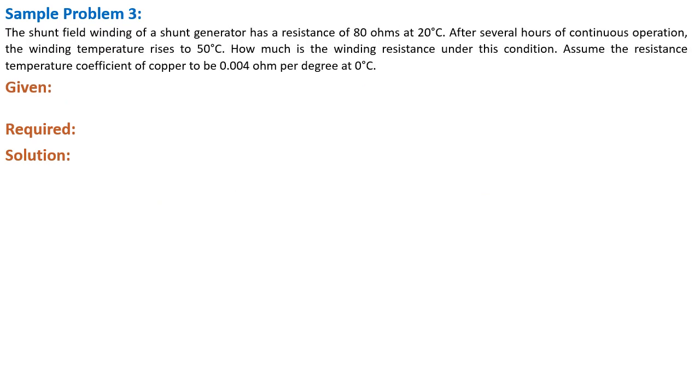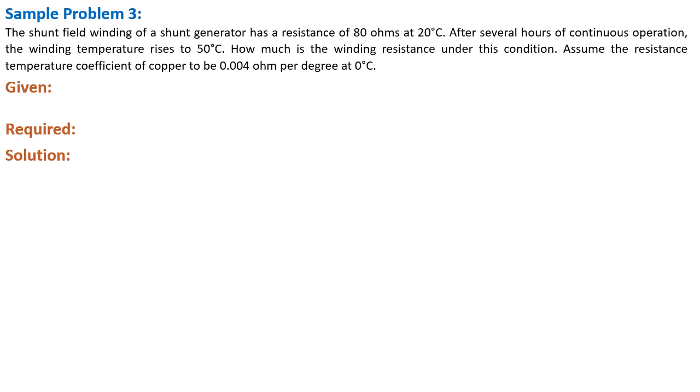Now, this problem right here is quite very interesting, right? So, here it is. The shunt field winding of a shunt generator has a resistance of 80 ohms at 20 degrees Celsius. 80 ohms at 20 degrees Celsius. So, that possibly our R1 and T1, right? Now, after several hours of continuous operation, the winding temperature rises to 50 degrees Celsius.